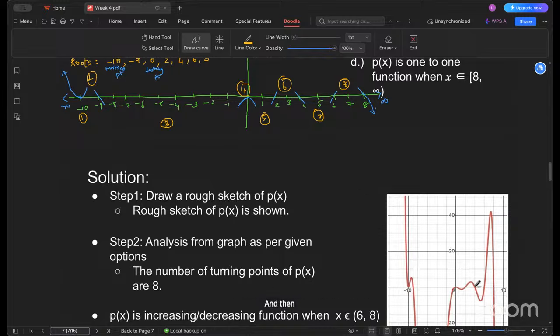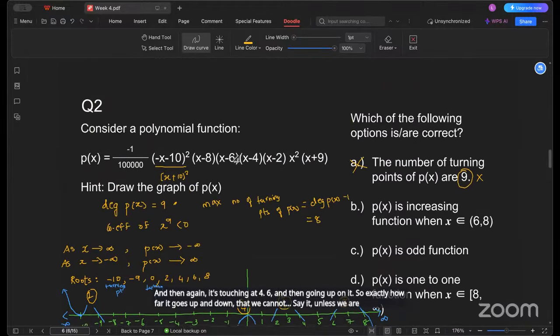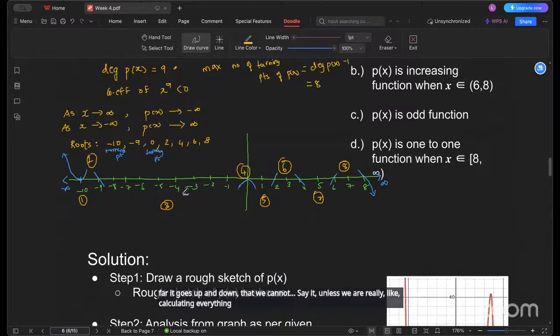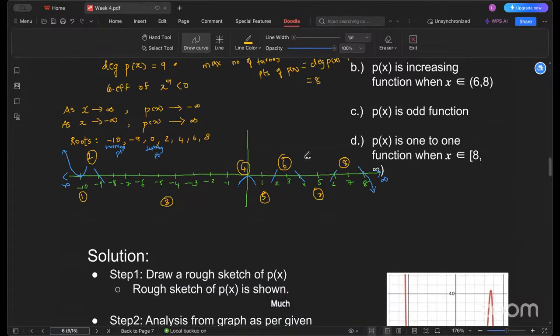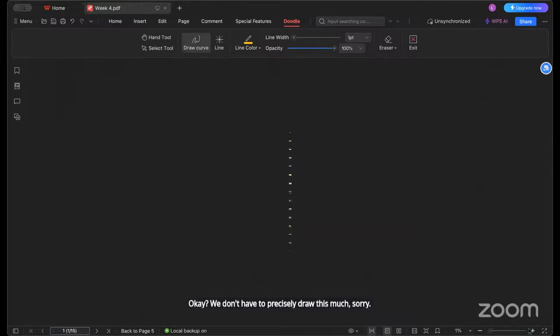And then again touching at 4, 6 and then going up. Exactly how far it goes up and down, we cannot say unless we are calculating everything correctly. But if we are able to draw this much, we will be able to answer the questions given here. We don't have to draw precisely.